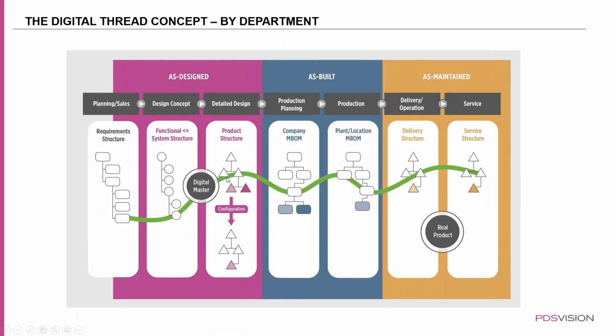Okay, and then the digital thread is basically making sure that all this information is linked together as it matures from as designed to as built to as maintained once the product is out. You want to make sure that all that information is linked, so that if you're someone who has to service this product, you're working with accurate information at all material times.